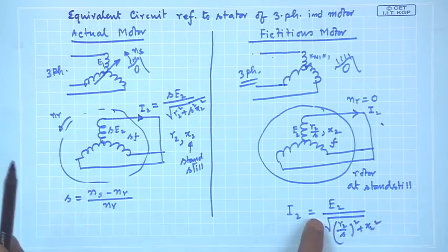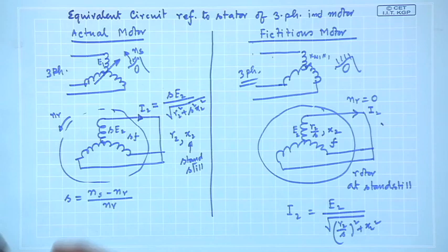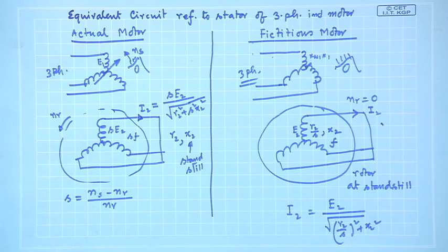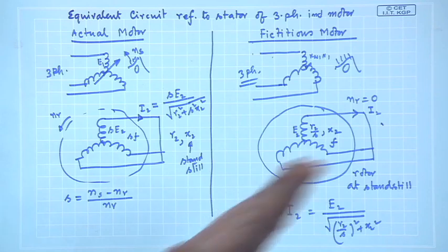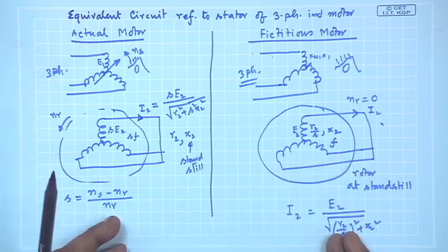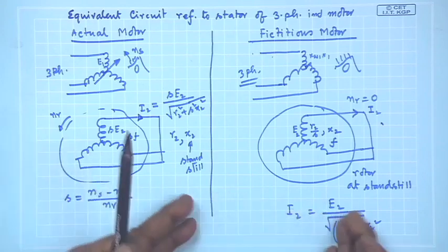Therefore, its peak value of the current is the same as this one, and the position of the rotor field is decided by the power factor angle. Last time we discussed by drawing the position of the phasors. Same power factor, this and this.